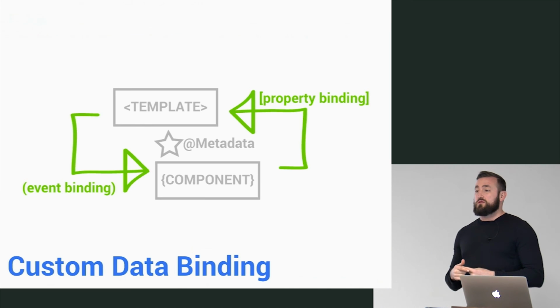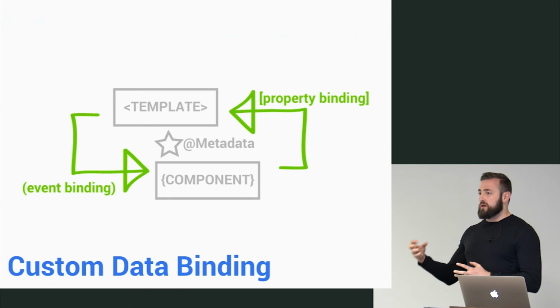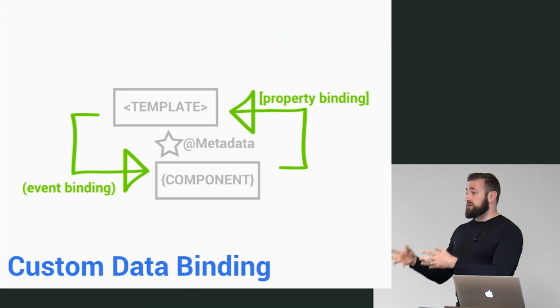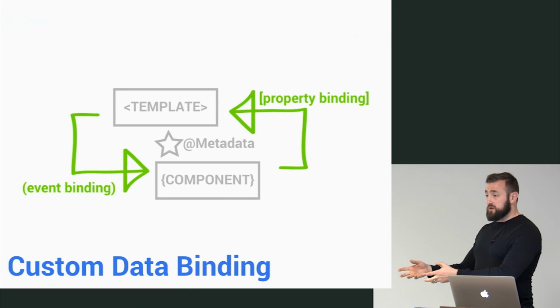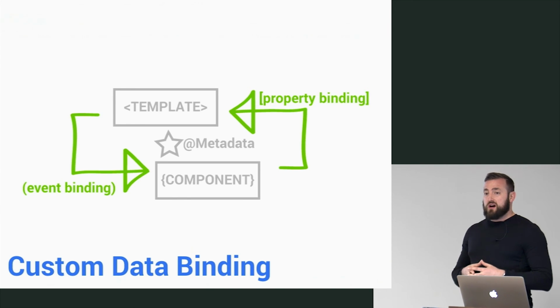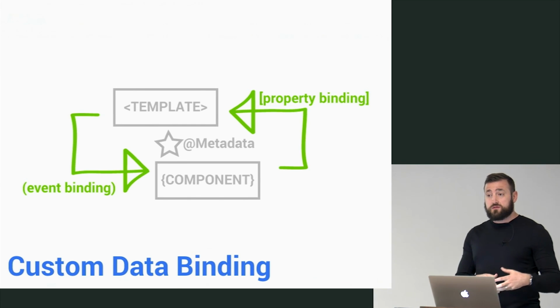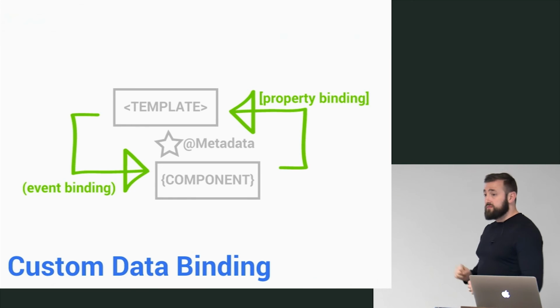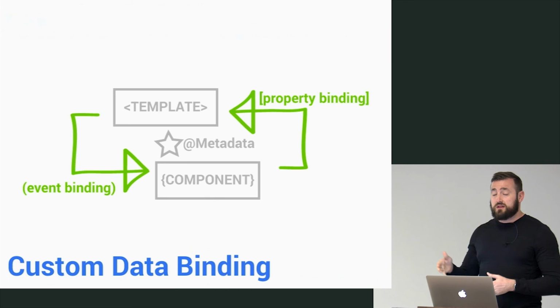But now you can start to use these same mechanisms to bind to other components and create custom events that you can bind to, and custom properties that you can send into this component. This becomes very powerful. Really the crux of component system architecture comes down to understanding how to create custom events and bind to them, and custom properties that you can then send into your child component via the template.